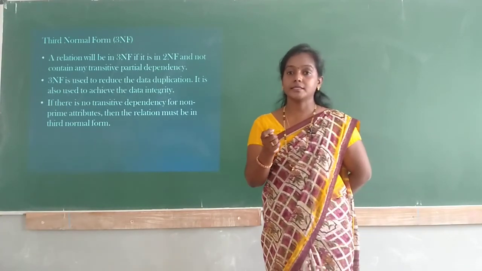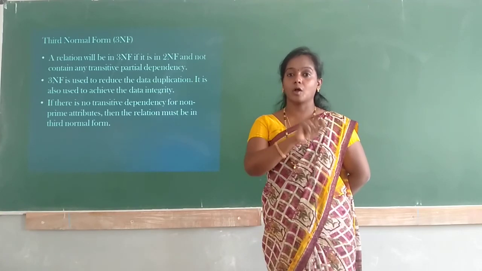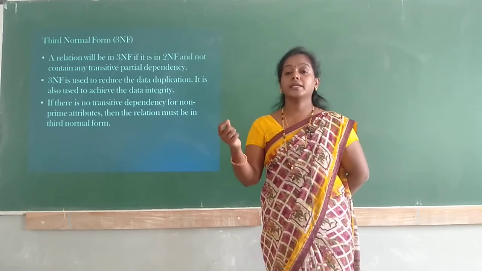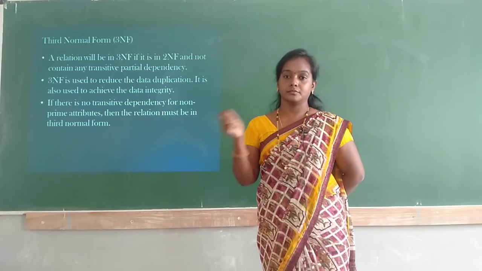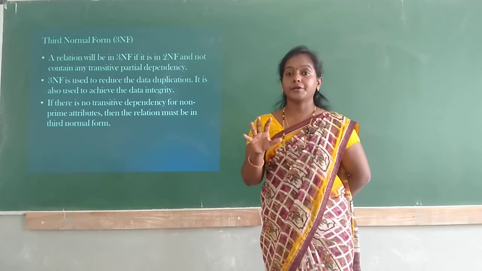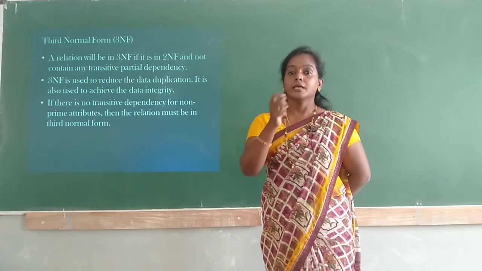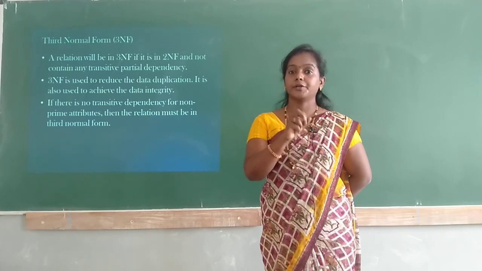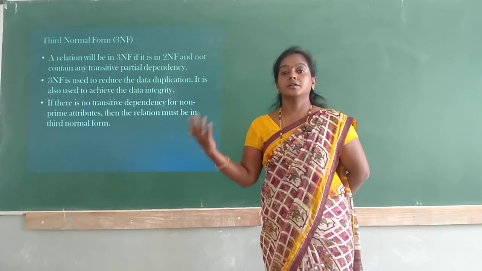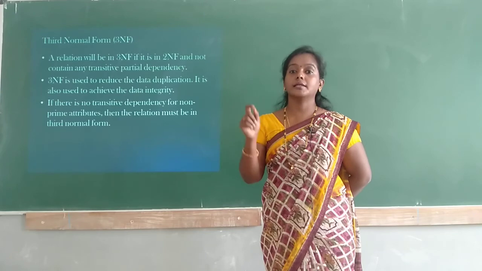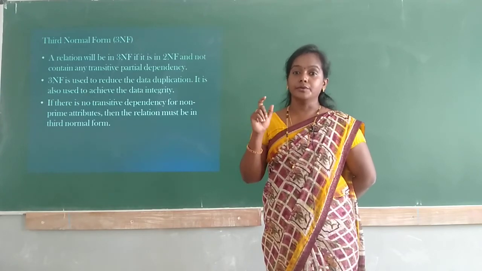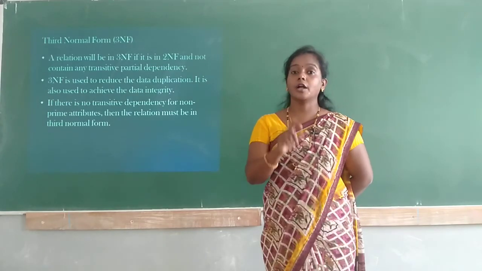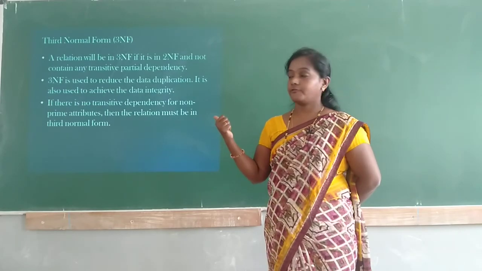Transitive dependency means a non-prime attribute defining another non-prime attribute. That means ಇಲ್ಲಿ ಯಾವುದೇ prime attribute ಅಥವಾ key attribute ಬರೋದಿಲ್ಲ, if any non-prime attribute is deriving a non-prime attribute, then we call that a transitive dependency. That should not be done in third normal form.